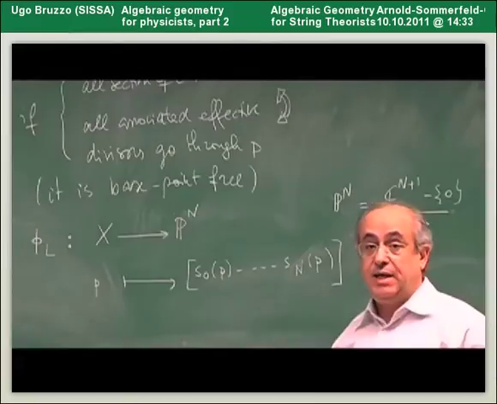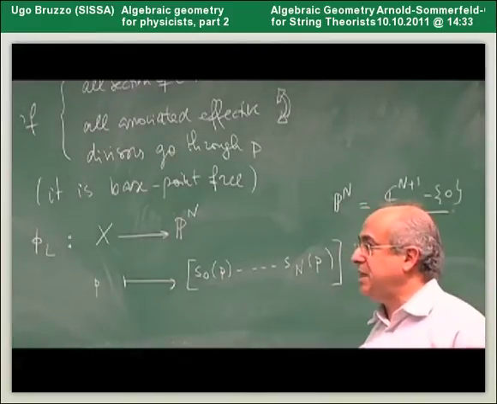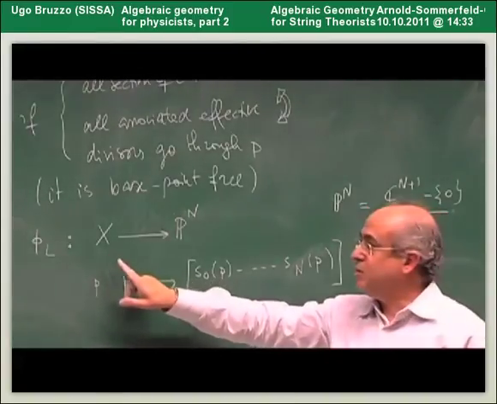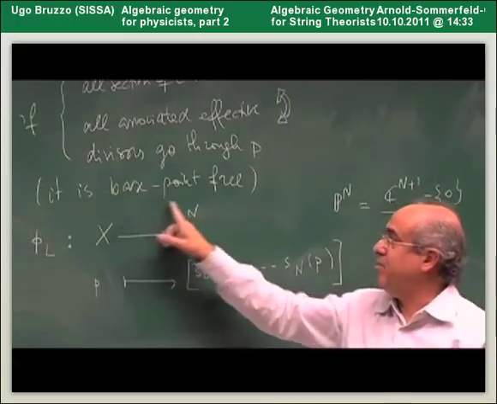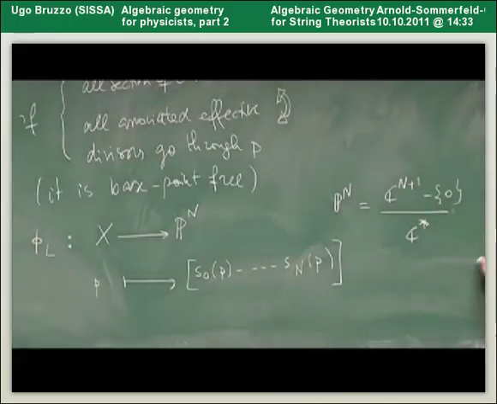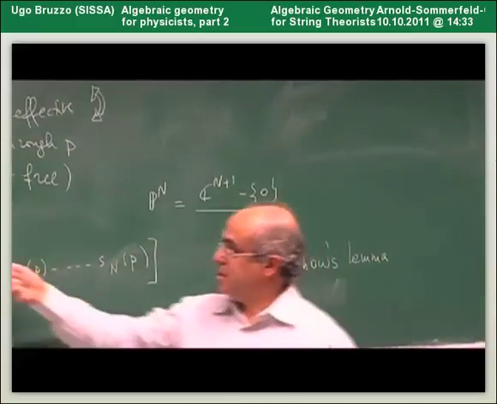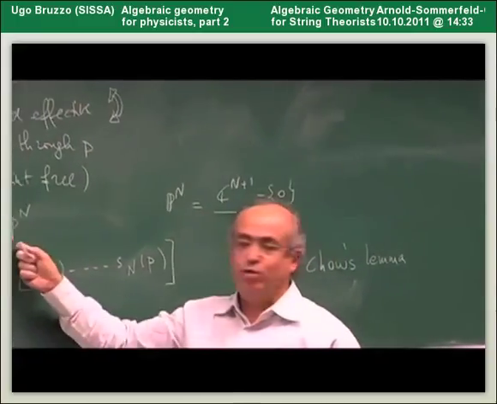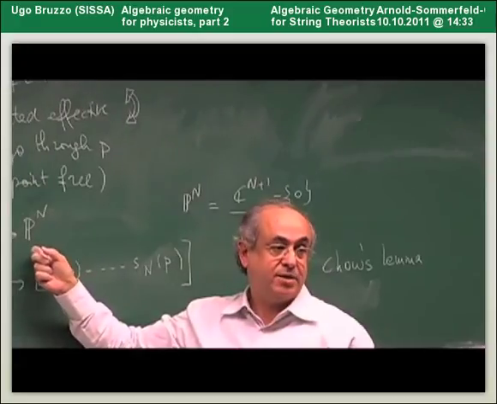And then if we succeed in having an embedding, this means that X will have become a subvariety of Pn. And then we use a very strong result, which I will recall tomorrow again, which is Chow's lemma, which says that any analytical subvariety of Pn is actually algebraic.